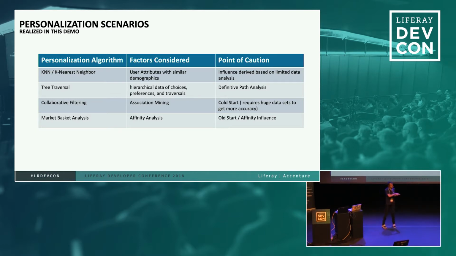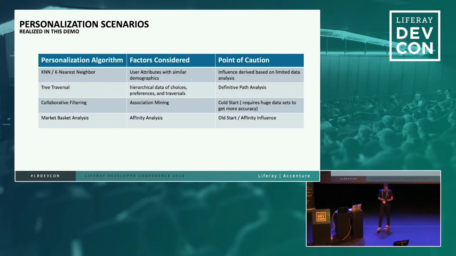The tree traversal, as we move through the website and different searches, trying to identify the best campaign. In this case, it was connected with audience targeting and the segmentations from Liferay to present that big banner on top. Then the last 2, collaborative filtering and the market basket: users also bought this type of camera, and users also added these types of products into the shopping cart.